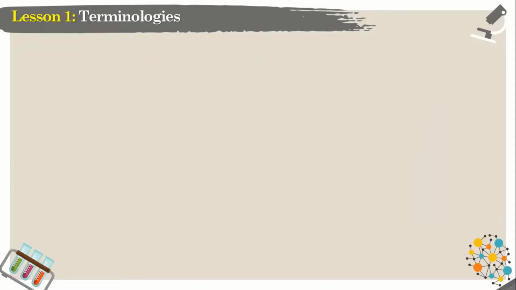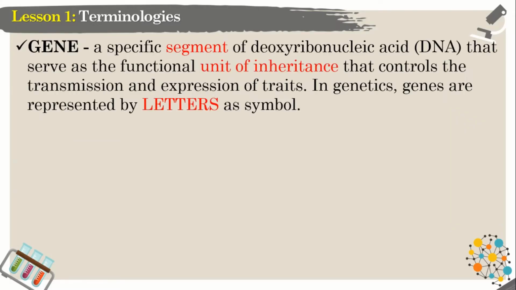So let's start with the term gene. A gene is simply defined as a specific segment of DNA wherein it serves as a functional unit of inheritance which controls the transmission and expression of the traits. This gene is defined like that because we all know that it is a basic physical unit of inheritance.